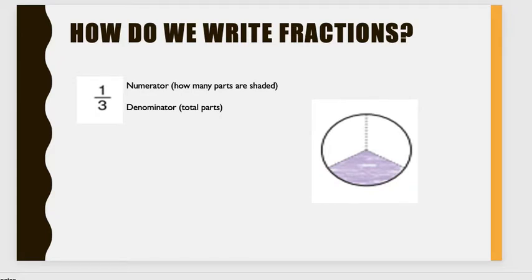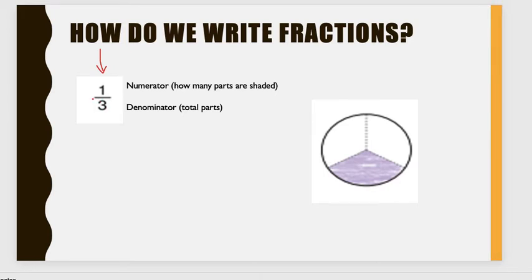So over here, it's how do we actually write fractions with numbers instead of words. Right over here, where my arrow is pointing, is how we actually write a fraction. We have a number that is separated from this other number with this line over here.